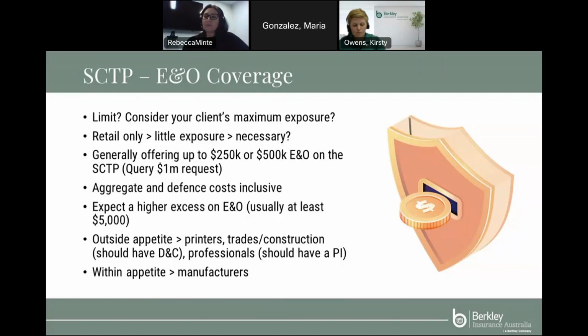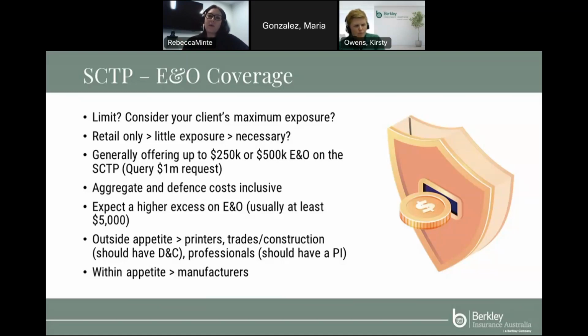In terms of the limits that we offer, more typically we offer a $250,000 or $500,000 limit for E&O on the SCTP. Again, we do get a lot of requests for $1 million, but when this happens, it brings a red flag to an underwriter because it could indicate that you or the client think it's a PI coverage, which it's not.